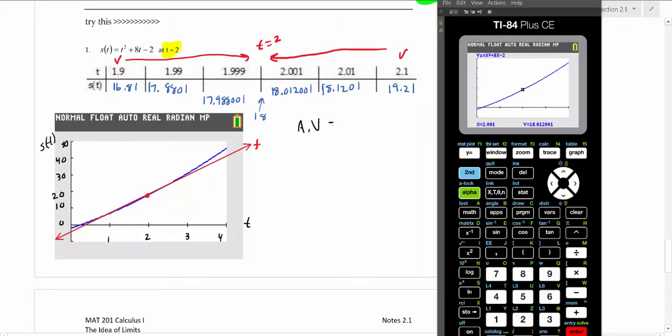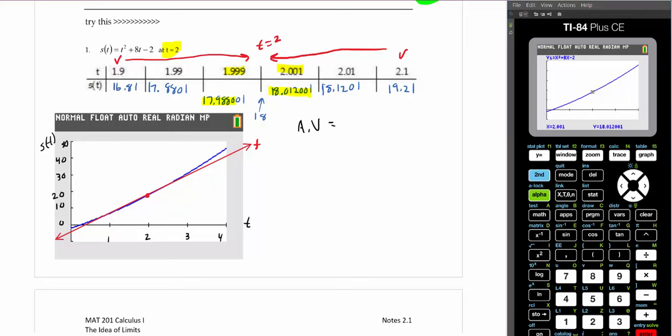Okay, so remember what we're doing is we're estimating the average velocity. For the average velocity, we could take 2 points on here that are close. We can take these 2 things right here and those 2 x values like that. If I work on this with the calculator, we're going to do the change in s of t, the change of the function values, over the change in time.